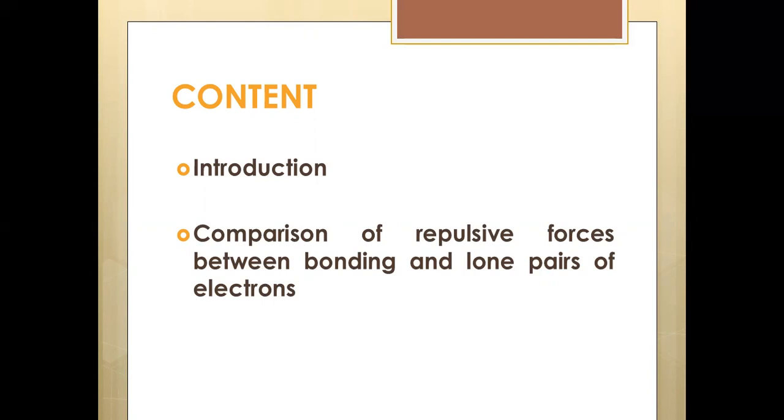One is the electron pairs not participating in bonding, which we call the lone pair, and the electron pairs participating in the bond, which we call the bonding electrons. Let's move on. Next, from this comparison of repulsive forces, we are going to step into what is meant by electron pair geometry. Let's move on to the introduction now.